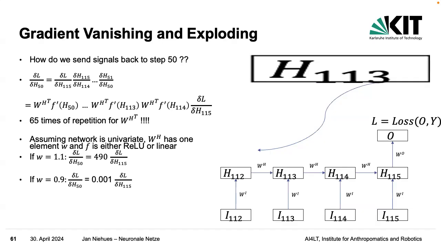So you're seeing that this is very sensitive, and if it's a bit higher than 1, you're having exploding gradients. Your gradient gets very, very high. If you have values a bit below 1, you have vanishing gradients, and your values get very, very small. And that, of course, isn't really good for training.